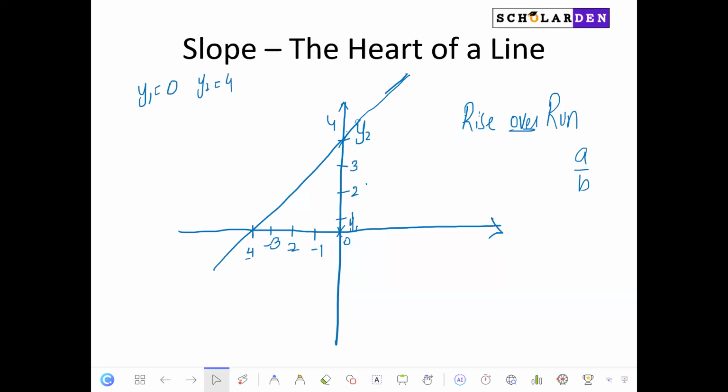What is the x coordinate for y1? Can somebody answer me in the chat? I hope you're still with me. What is the x coordinate for this line?